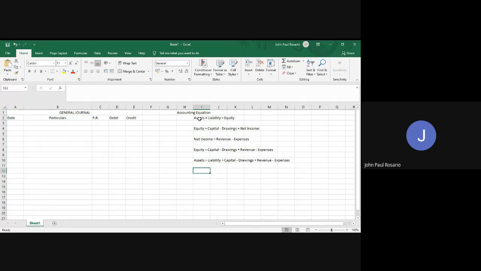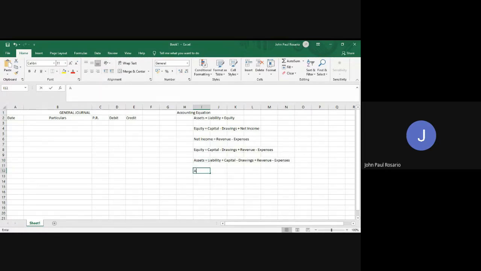So before we proceed to normal balances, we have to transform this formula first. There should be no negative part in the formula. Do you remember the modified accounting equation, that when a term crosses to the other side of the equal sign, positive becomes negative, negative becomes positive, times becomes divide, divide becomes times? So with this equation, we have two negatives, so we have to make them positive.